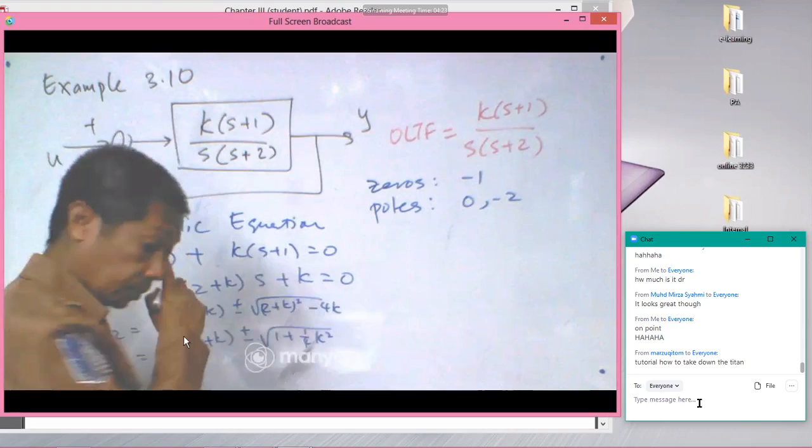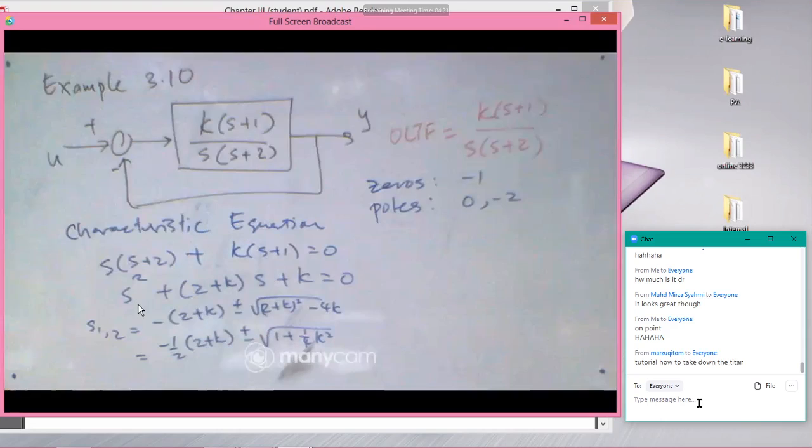Again, since this is just a quadratic equation, we can solve for S1 and S2. So we want to show that when k is equal to 0, S1 and S2 are equal to the values of the poles, which are 0 and -2.